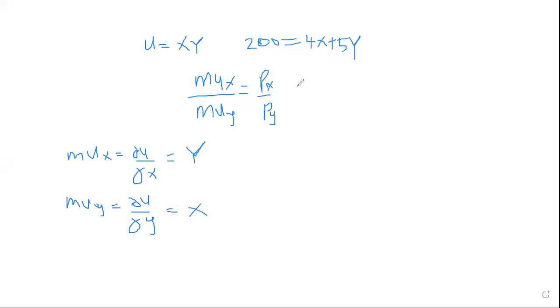So it means that y over x is equal to, now the price of x is 4 here, and then the price of y is 5. So these are the two equations. This is equation 2 and this is equation 1 that you are going to solve simultaneously.